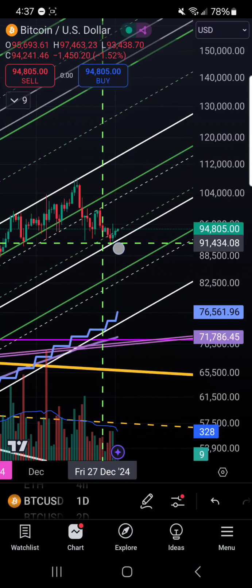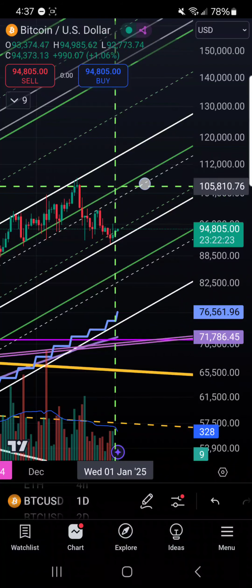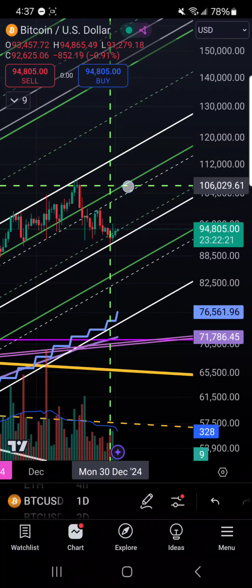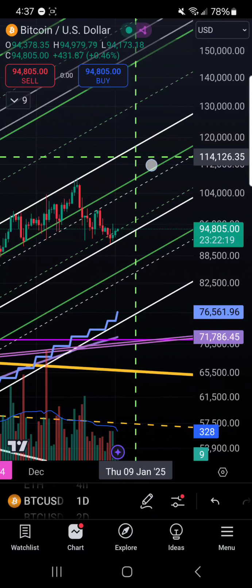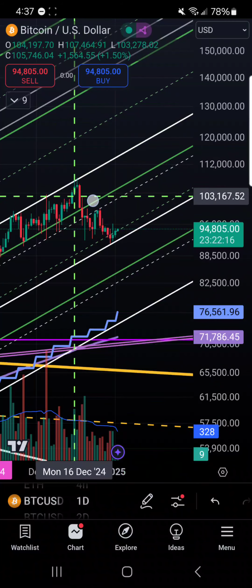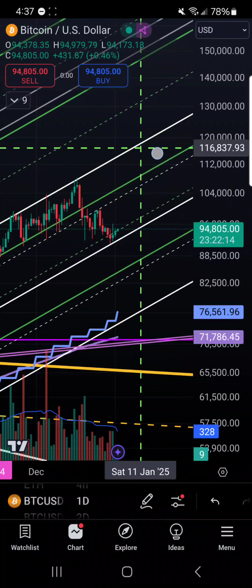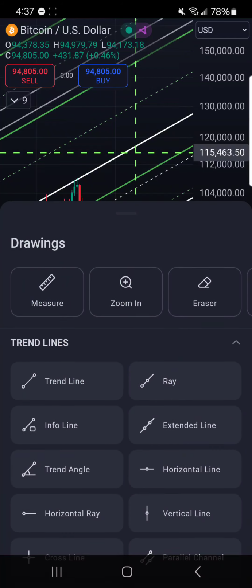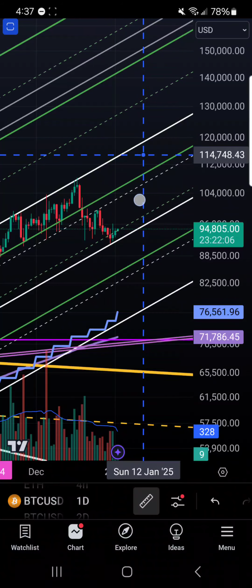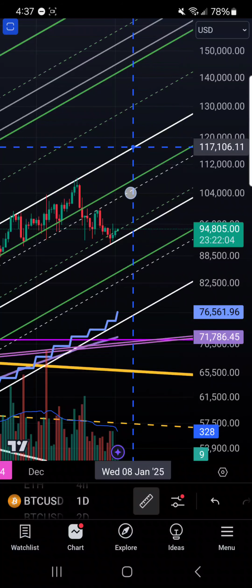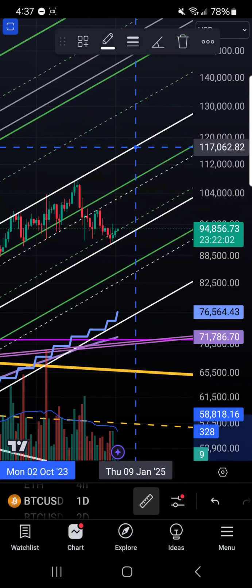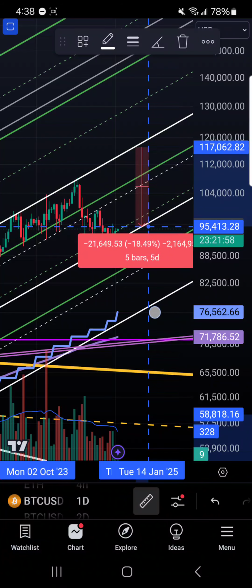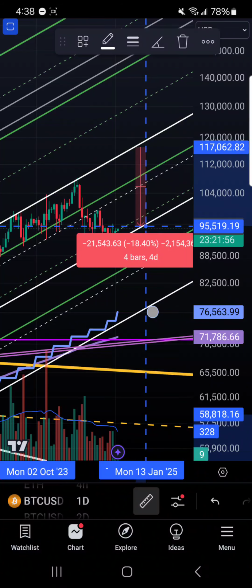Since we had this pullback already, instead of continuing up here and having one large pullback, let's see if we did continue up here until about the 8th of January. Let's see what that would be. The 9th of January. And let's see if we pulled down.